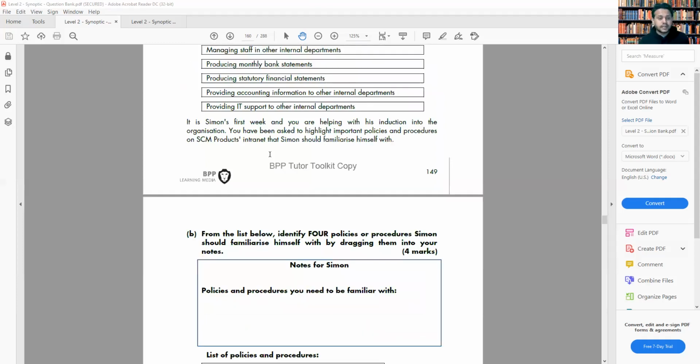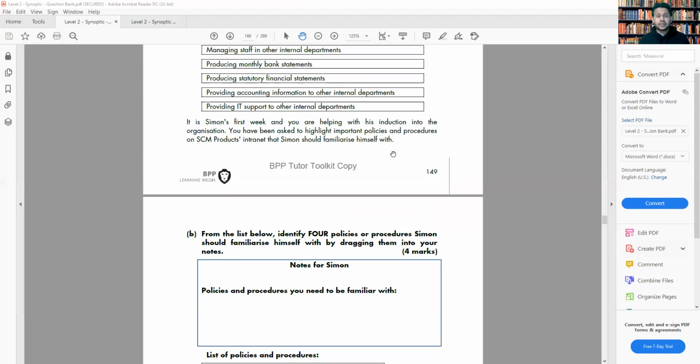The next one we have here is Simon's first week, and you are helping with his induction into the organization. You have been asked to highlight important policies and procedures on the SCM product internal intranet, and Simon should familiarize himself with it.